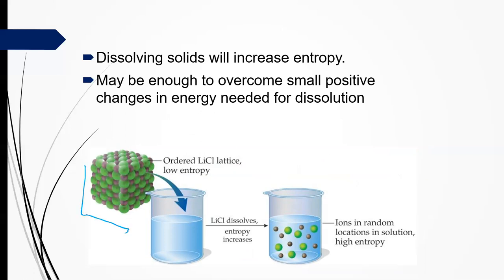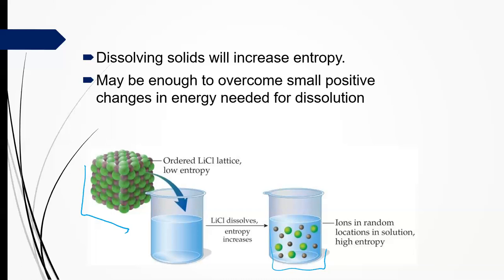That means it doesn't have many options about where it can be arranged, but ions have more disorder. Our lithium and chlorine in this picture, those ions can move around in random locations inside the solution, and so we could have a higher entropy compared to where it was a solid where everything was fixed.